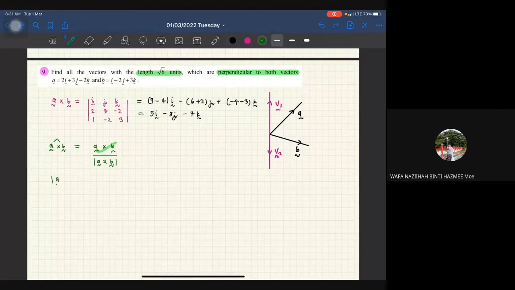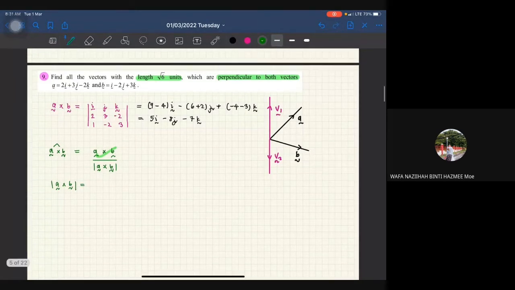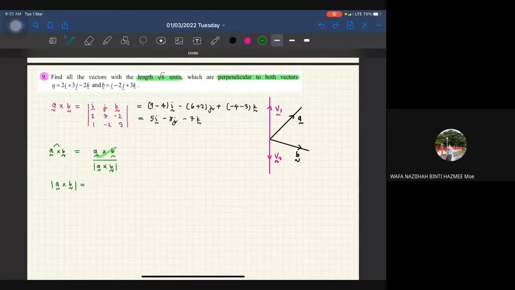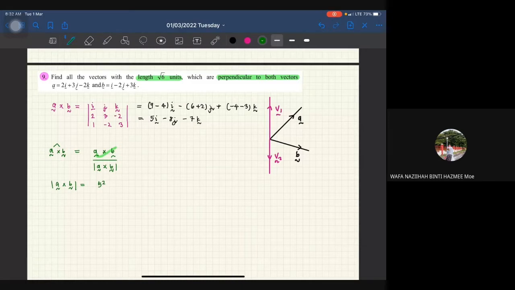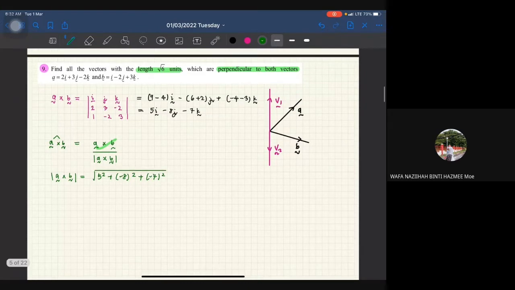So you will have A cross B, which is equal to 5 squared plus negative 8 squared plus negative 7 squared. Okay, so what do you get for this one? Dia punya magnitude.